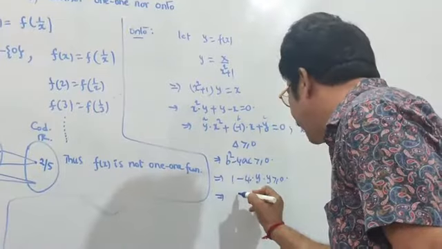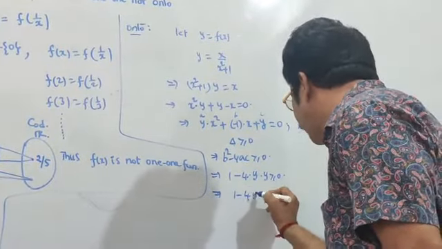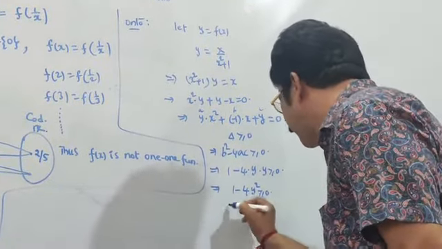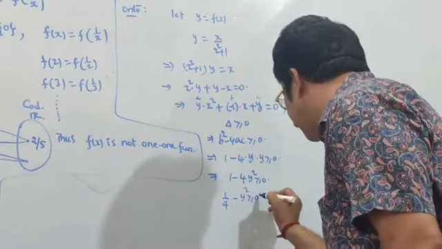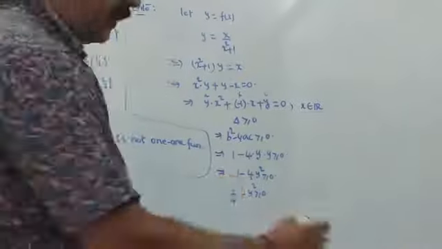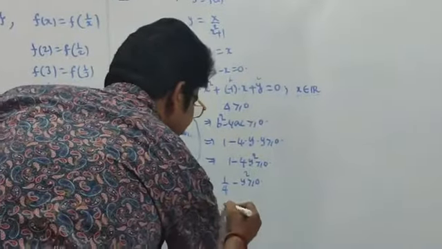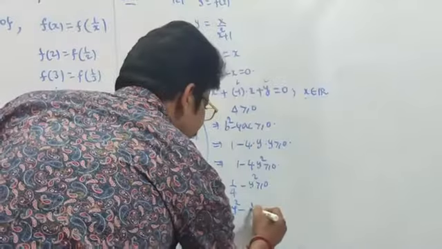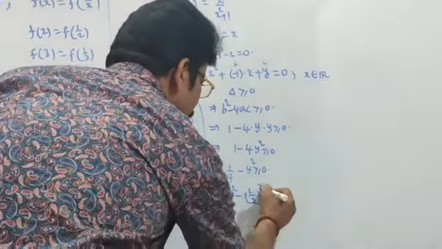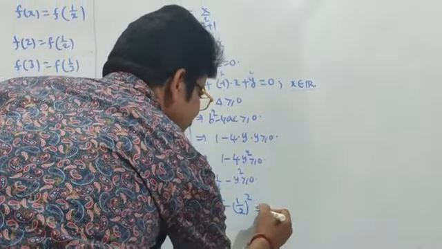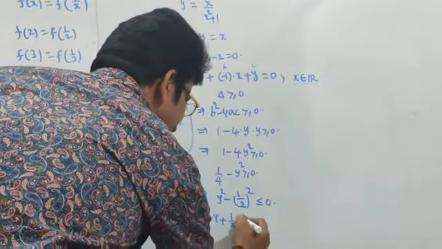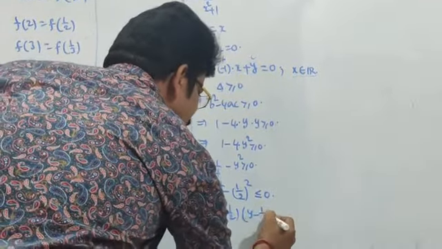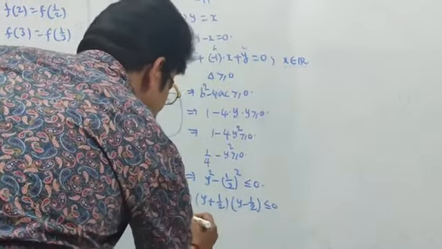So it will be 1 minus 4 y square greater than or equal to 0, so 1 by 4 minus y square greater than or equal to 0. That implies y square minus 1 by 4, that is y minus 1 by 2 into y plus 1 by 2, is less than or equal to 0.